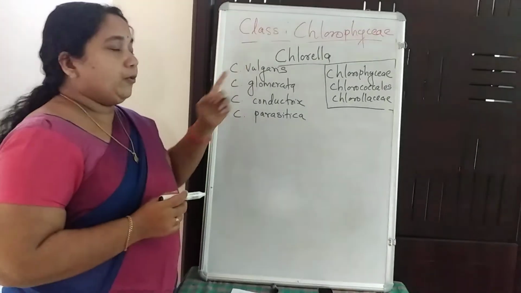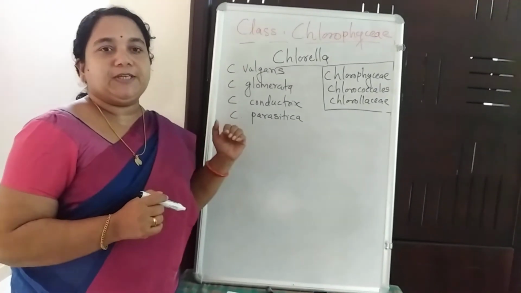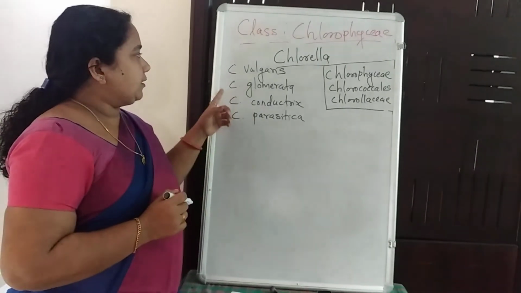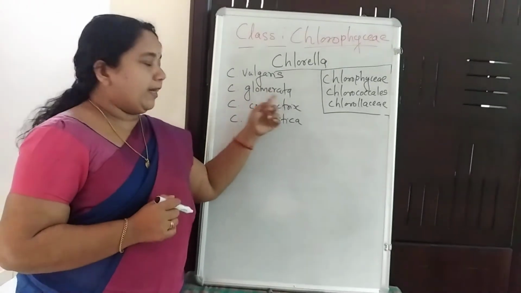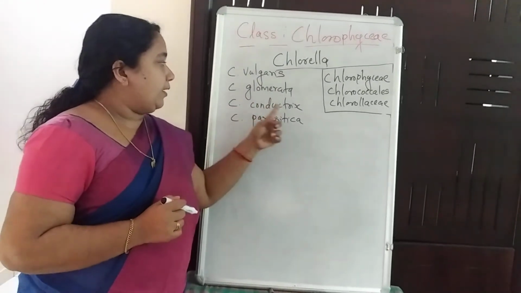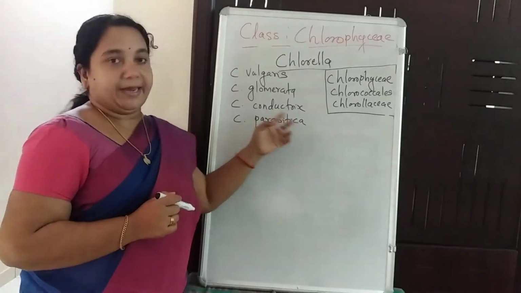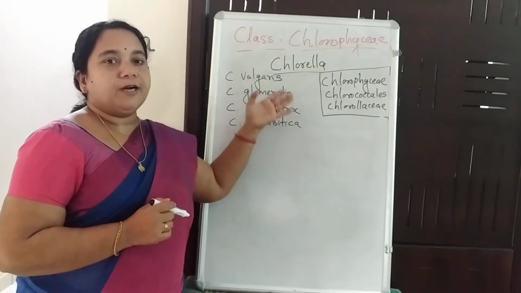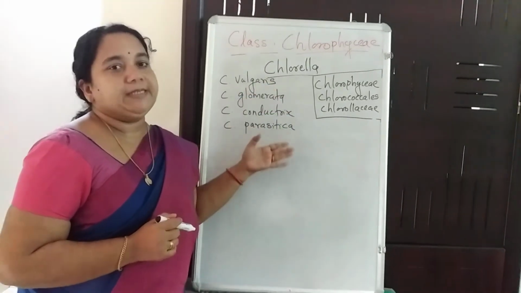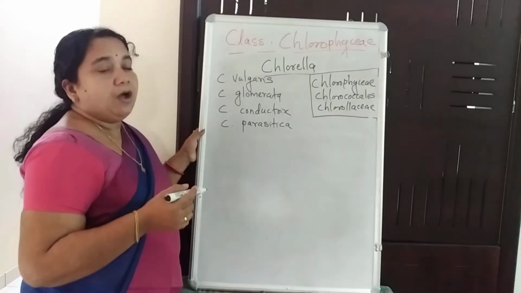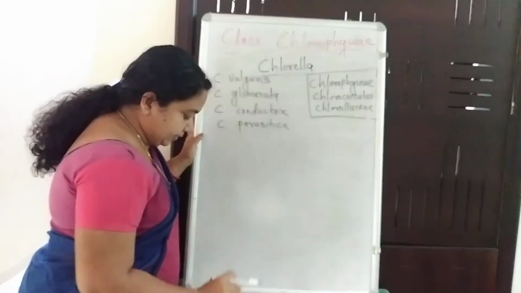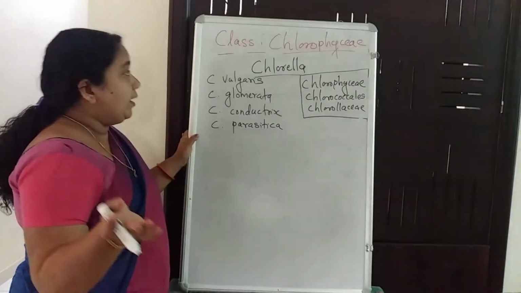And first of all, you have to study different species of Chlorella as Chlorella vulgaris, Chlorella glomerulata, Chlorella conductrix and Chlorella parasitica. You have to study one or two species names, and it may be asked in 1 mark or 2 mark questions, the species name of Chlorella.